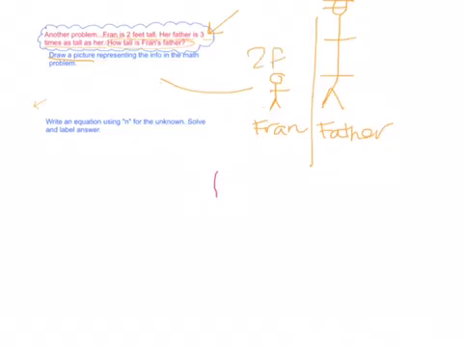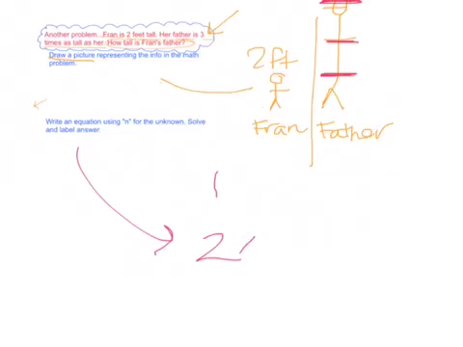And remember, Fran is 2 feet tall. So if we look at what we did here, there's the 2 feet, there's the 4 feet, and the top of his head would be the 6 feet. So down below, write an equation using n for the unknown. Fran is 2 feet tall.